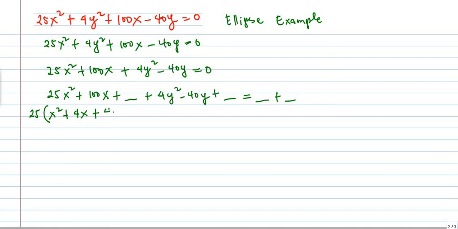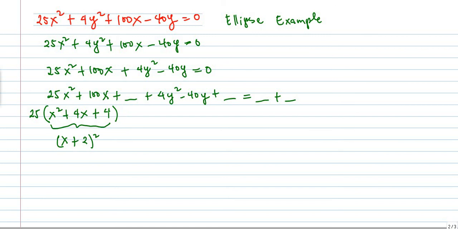So we have to add here 4 to make this one a perfect square. This one will become (x plus 2) squared. Notice x plus 2, if you expand this one, x times x, x squared. 2 times x times 2, 4x, and then 2 times 2 equals 4. So that is now our perfect square.